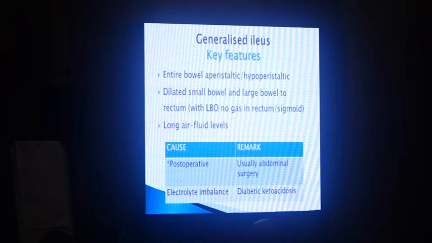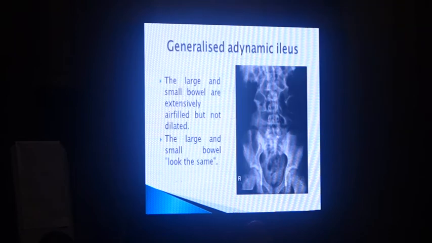So we can differentiate this paralytic ileus from small bowel obstruction as well as large bowel obstruction. This is the generalized adynamic ileus. The large and small bowels are extremely air-filled but not dilated, which is very important. And both the small and large bowel loops look the same.